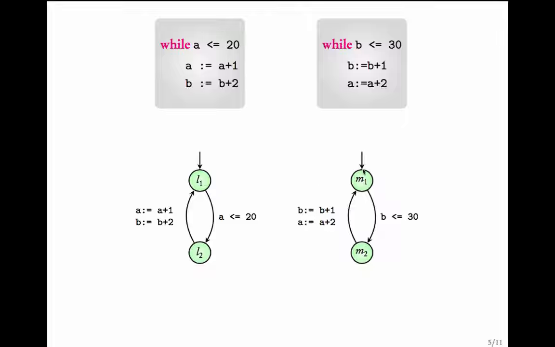These are the program graphs corresponding to these programs. We want to check if whenever a is bigger than or equal to 10, in the next to next step, b becomes bigger than or equal to 12.